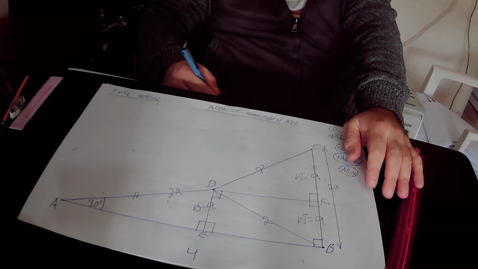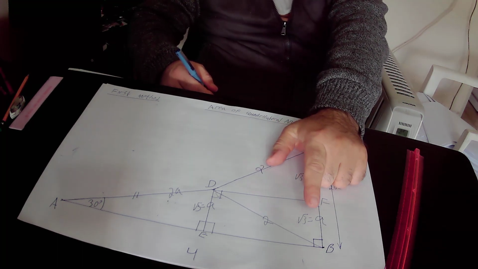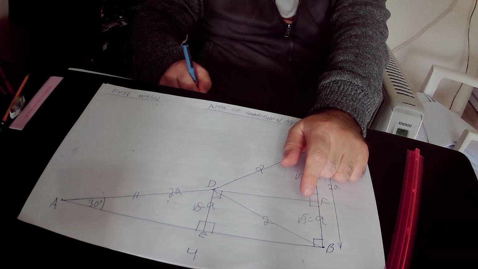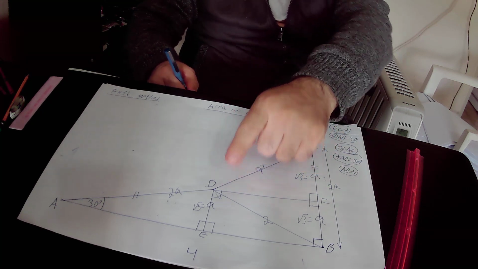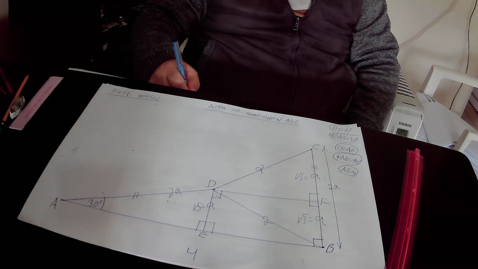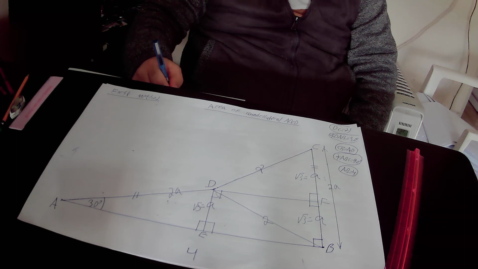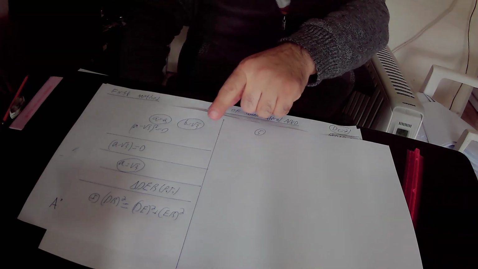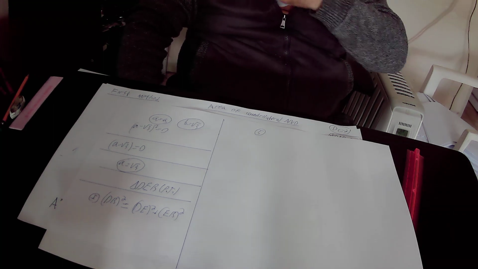So the hypotenuse in the right triangle DEB is DB, so the square of the hypotenuse is DB squared, and it equals DE squared plus EB squared. I'll repeat again. In the right triangle DEB, according to the Pythagoras theorem, DB squared equals DE squared plus EB squared.